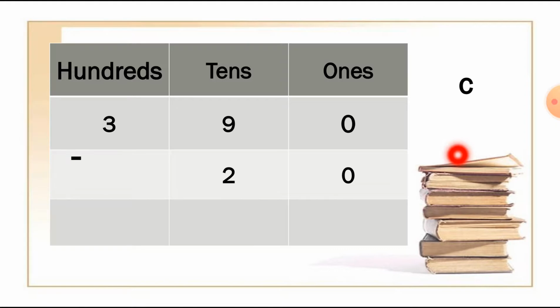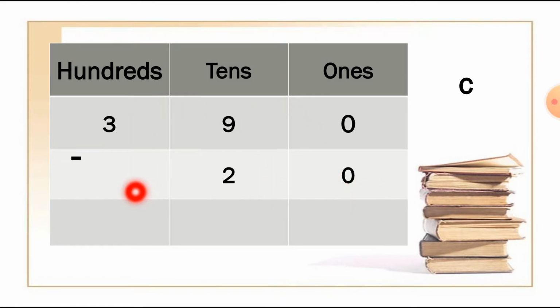Next example for you. Here is the sum number C. So just write down sum number C, and the question is 390. I repeat, 390 minus 20. It means you have to write down 20 at the tens and ones column.